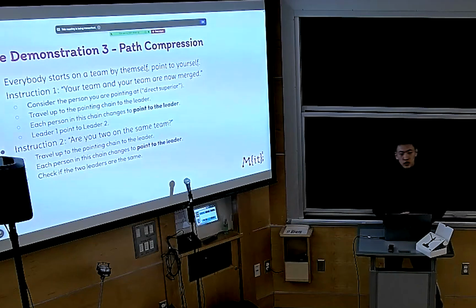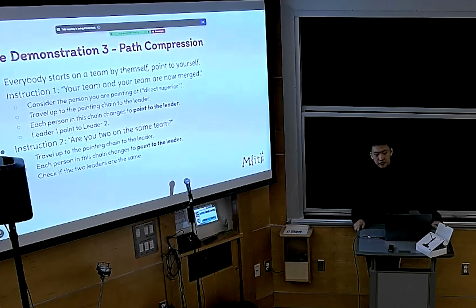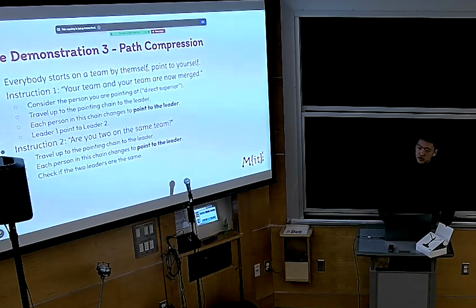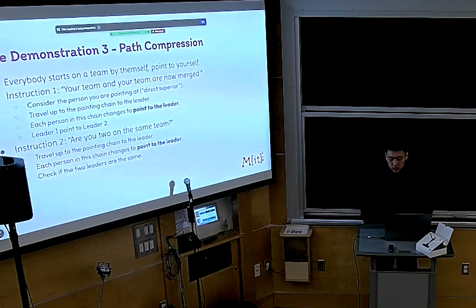The first time we go through, we have to follow along this chain, but then the second time, you already know your top leader is her. So everybody switches to just point to her. Now the power of this is that if we ask the same question again, are you on the same team, we don't have to travel up these long chains. We just go up one, and then done.